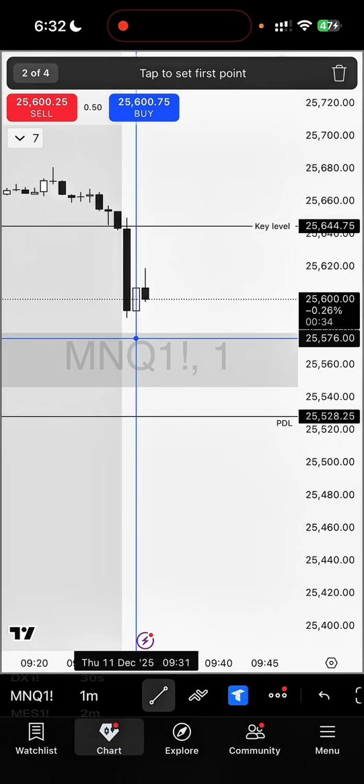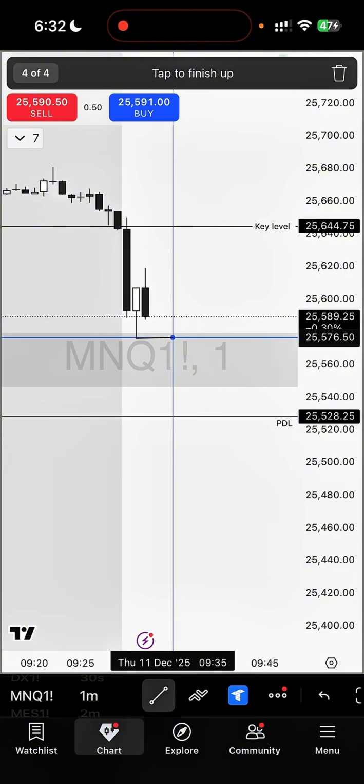Let's see if this low is going to hold, or are we going to take it out.